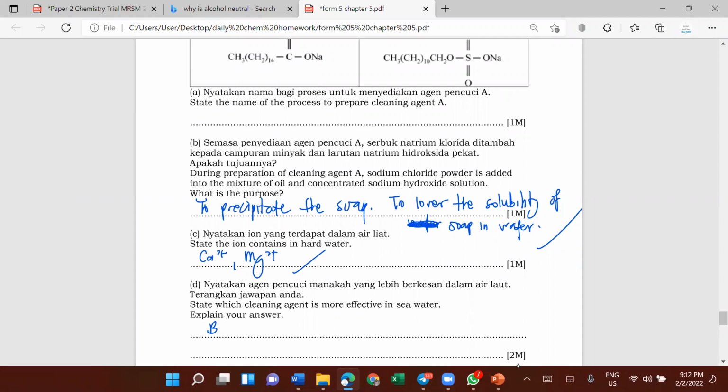Because when detergent reacts with seawater, it does not form scum. Very good. Simple answer. So cleaning agent B does not form scum in hot water. You must have that word hot water. If not, cannot.